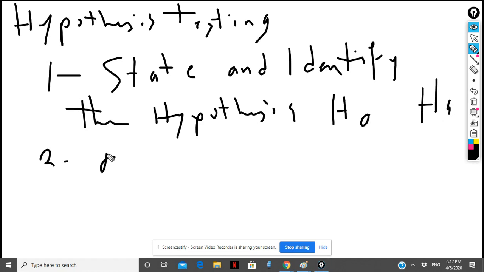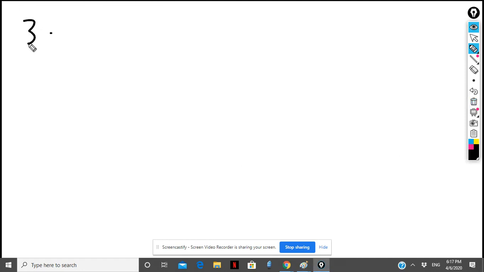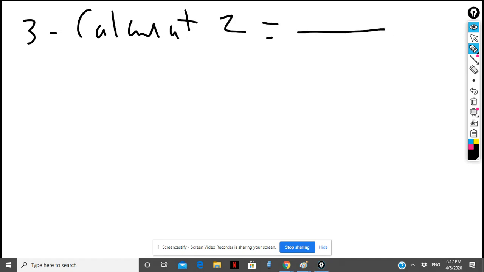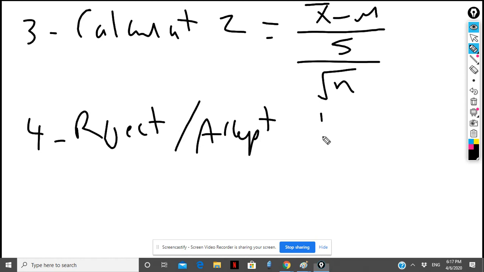Number two, determine the critical region. Number three, calculate Z from the formula: mean minus mu over S over radical n. Four, I'm going to see whether to reject or accept the null hypothesis according to its location.